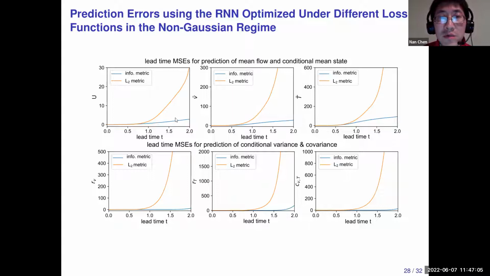But still, even with these tunings, even if we don't suffer from the non-positive definite covariance matrix, the error of the forecast using the L2 norm for the training will grow much faster than with the information criterion. And in the paper, we also show the training error, which shows that the L2 loss function will saturate at a certain level, which is still not as optimal as the information criterion.